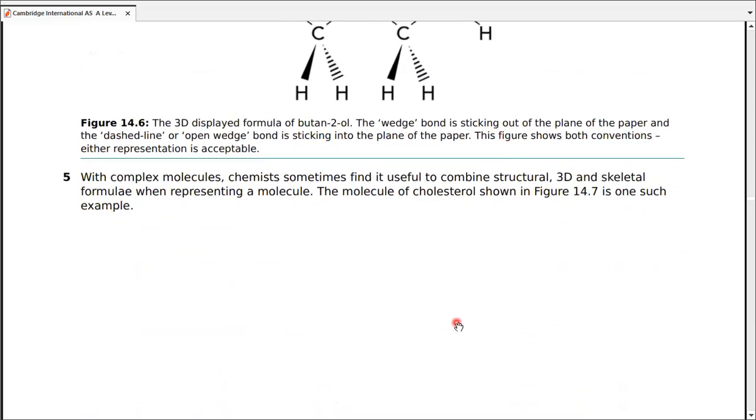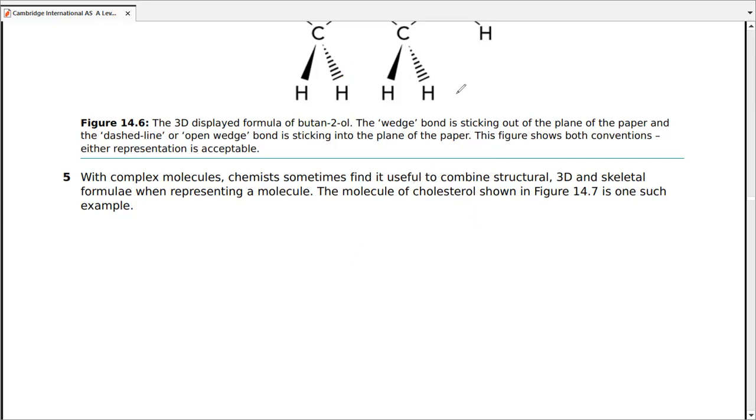Now, with complex molecules, chemists sometimes find it useful to combine the structural, the 3D, and the skeletal formula, all to represent just one single molecule. For example, you might have heard the word cholesterol before. For those belonging to medical, this might be a word they have heard way too many times.